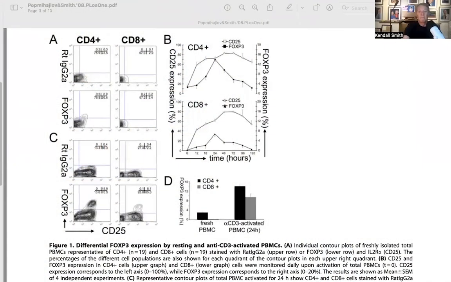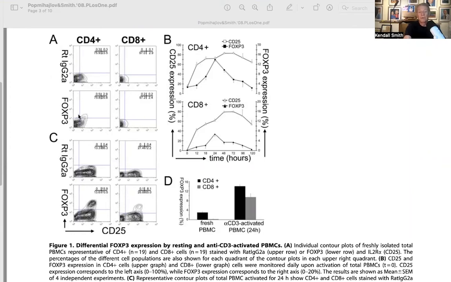This is figure 1. In the A portion in the upper left are just freshly isolated cells. These flow cytometry plots are plots of isotype control antibody versus antibodies to FOXP3 versus CD25, and you can see that freshly isolated cells are for the most part FOXP3 negative.